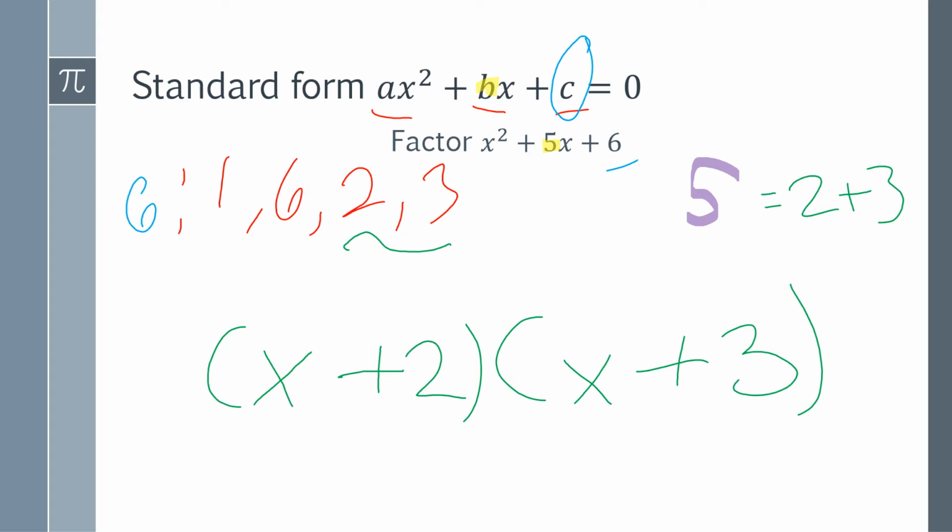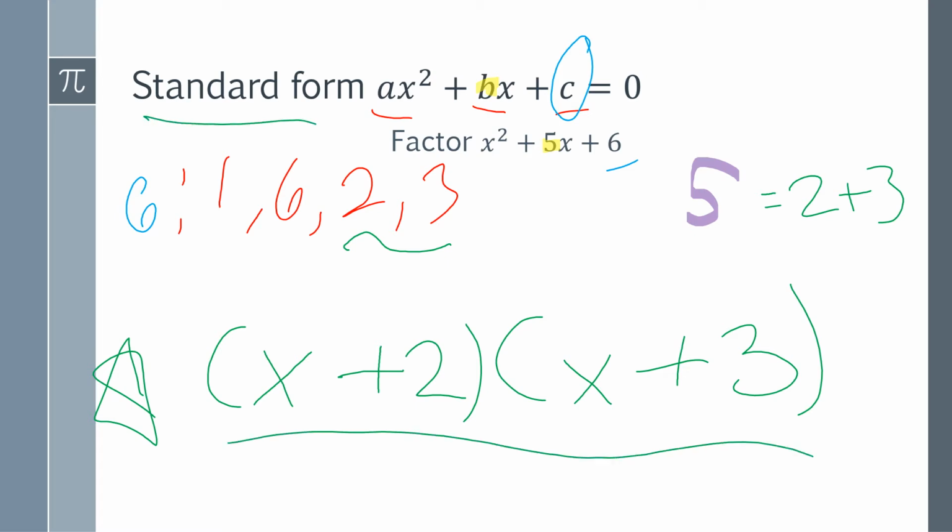All right. From there, that is called the factor form. This is called the factor form. So I'm telling you to go from standard to factor, and that's how you do it. Something as simplistic as that.